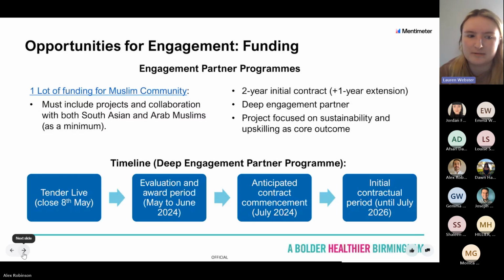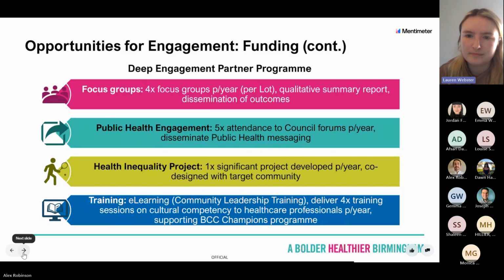Next slide, please. So what does the Deep Engagement Partner Programme involve? You would run focus groups, 4 per year per lot, produce a qualitative summary report and disseminate outcomes. Public health engagement will include 5 times attendance to the council forums per year, and disseminate public health messaging.